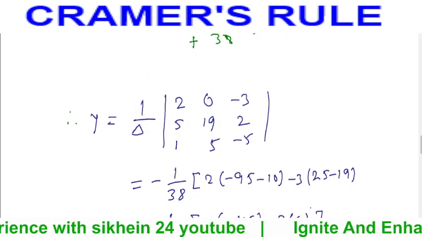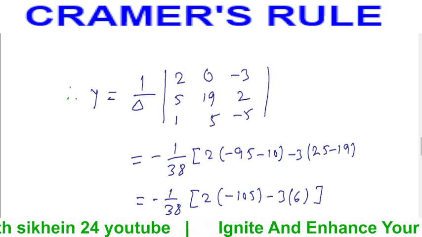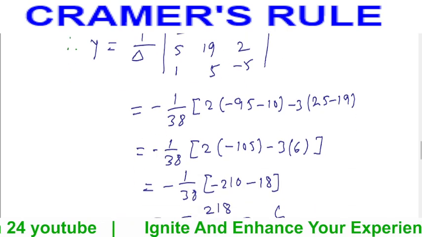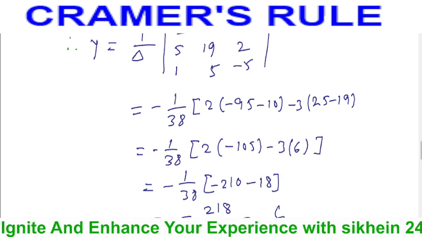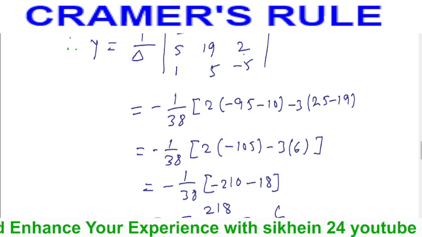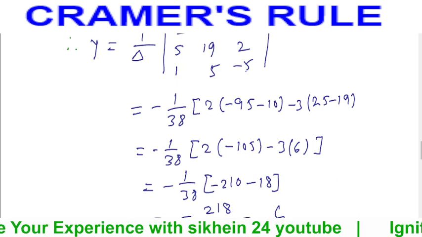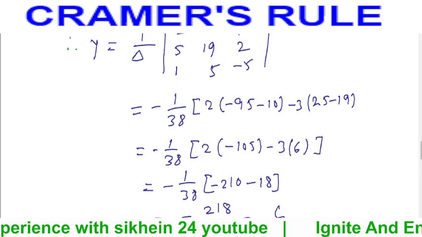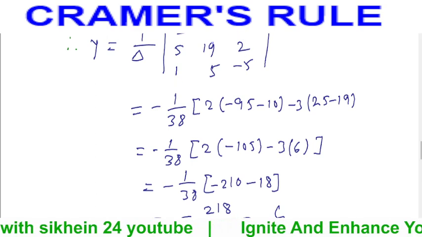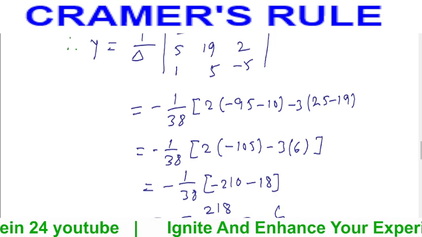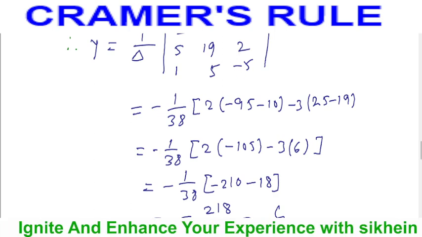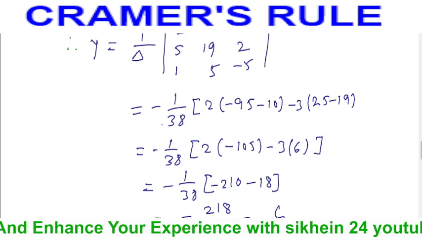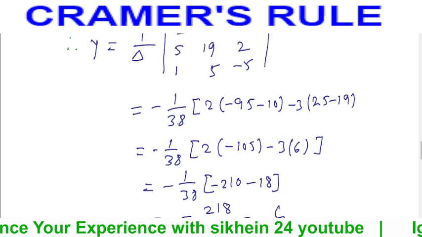Same as this, we can do here for y. That one: 2, 5, 1; 0, 19, 5; minus 3, 2, minus 5. Can we write it? Here is 1 by 38, we get the minus 38, or negative 38.